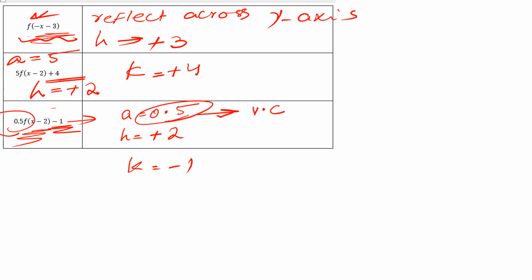Vertical compress by a factor of 0.5. Here h, move 2 units right. Here k -1, move 1 unit where? Down. So this is how we describe the transformation.